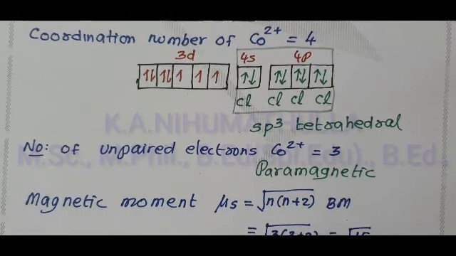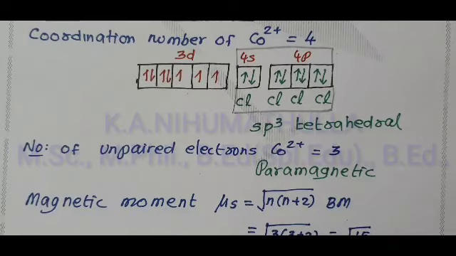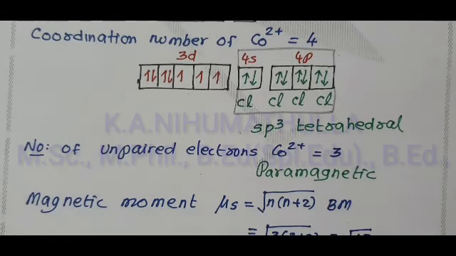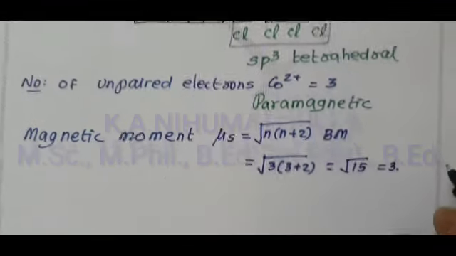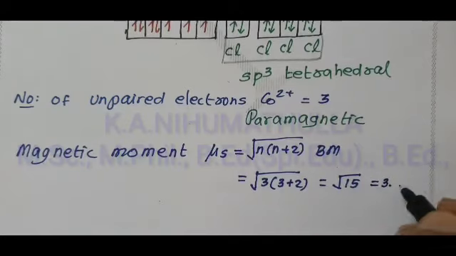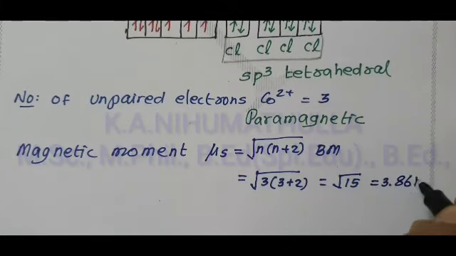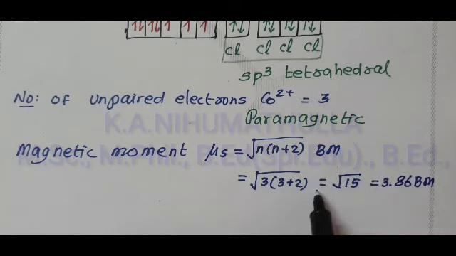The value of root 15 is 3.86 Bohr magneton.